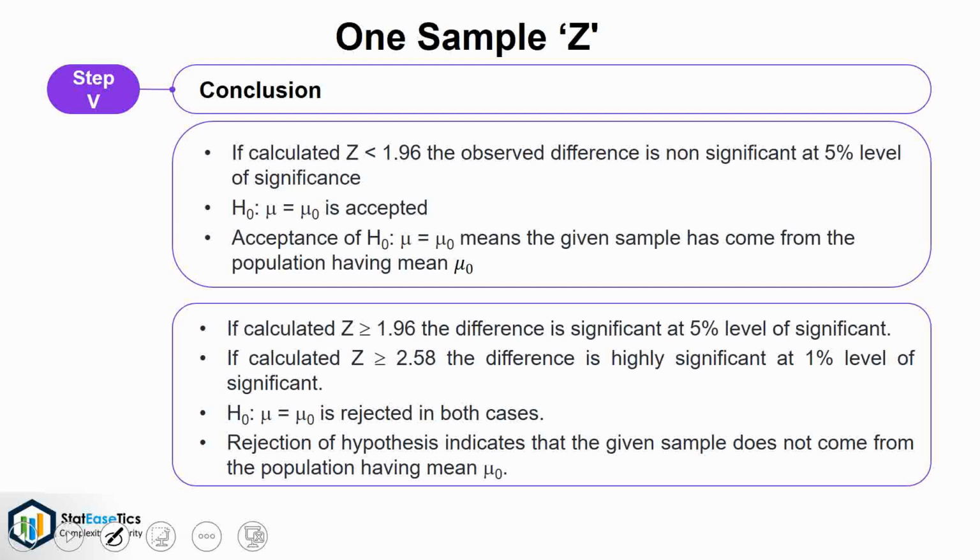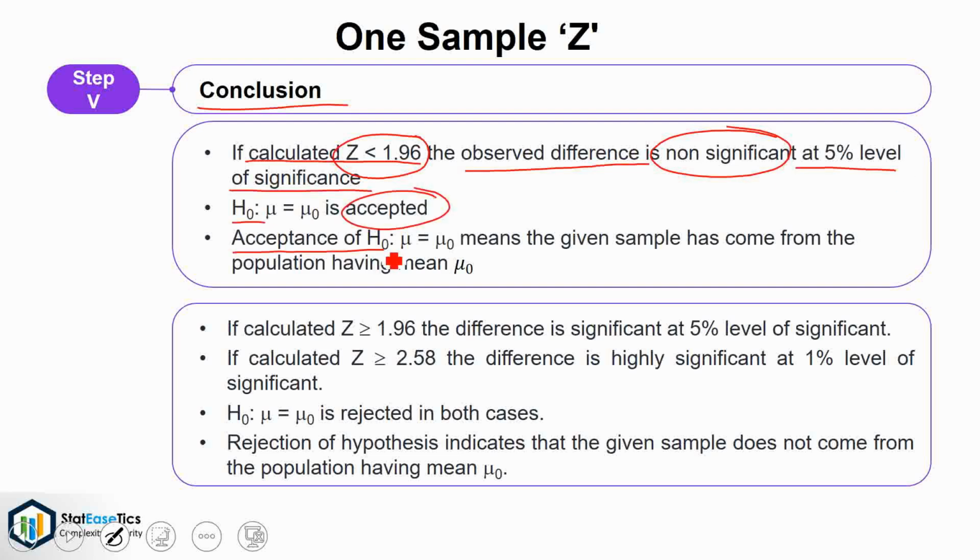The fifth step is conclusion. If the calculated Z is less than 1.96, the observed difference is non-significant at 5% level of significance and H0 is accepted. Acceptance of H0 means the given sample has come from the population having mean mu 0.